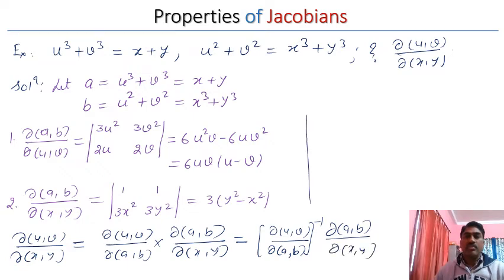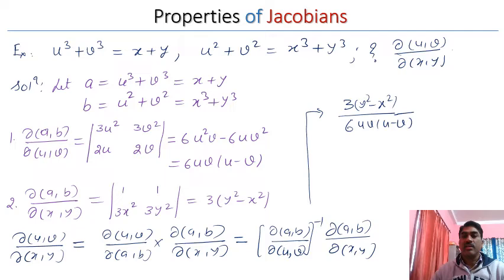So what is our answer? We will get the Jacobian of ab with respect to xy is 3 times (y square minus x square), and that divided by the Jacobian of AB with respect to u and v, this is our 6uv(u minus v).